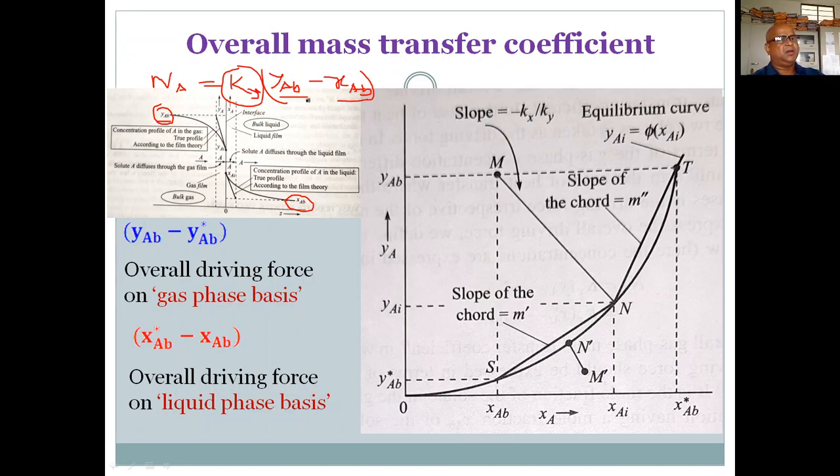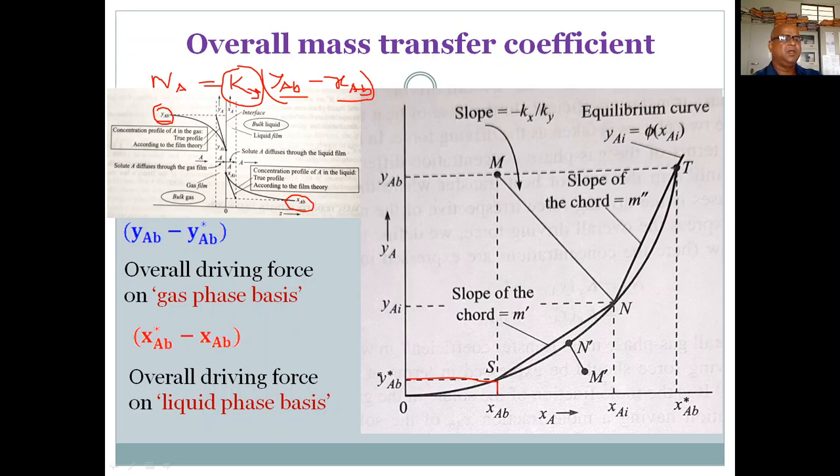So here people do this: for XAB, they go to the equilibrium curve and find the corresponding YAB star. So what is YAB star? This is the equilibrium concentration of XAB.